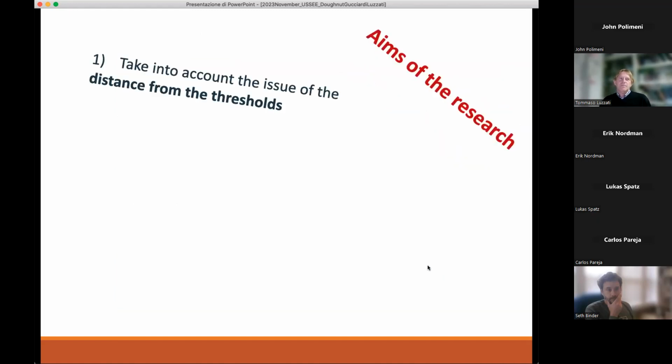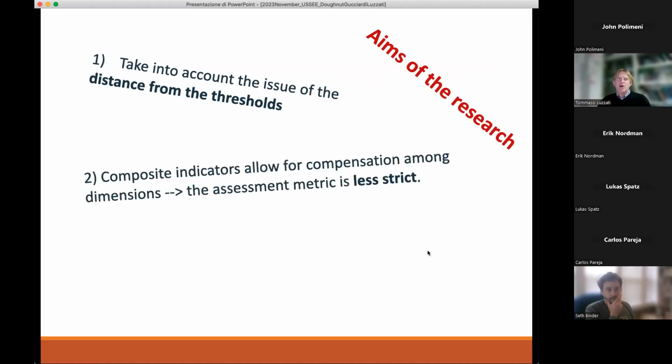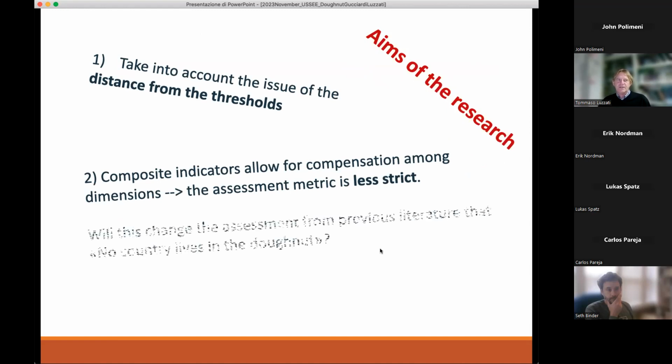So the aim of the research is to take into account the issue of the distance from the thresholds. And also, our idea is to introduce a less strict metric and see what the empirical assessment is using a less strict metric.